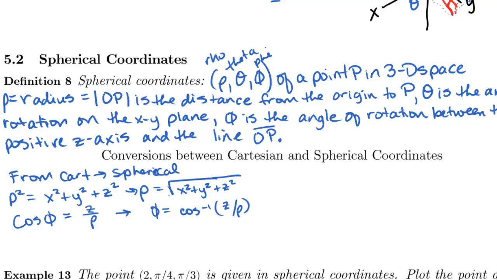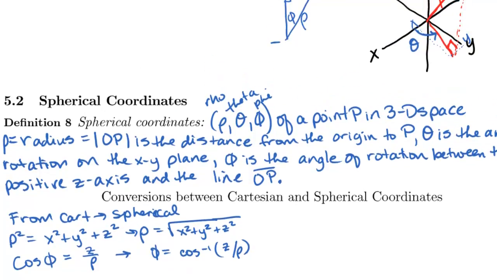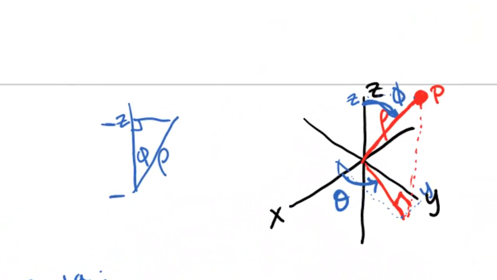These are really important that you do them in order, because you need rho in order to find phi. That's also going to happen as far as theta is concerned. Since we have x and y, one way to look at this is to take the tangent of y over x.